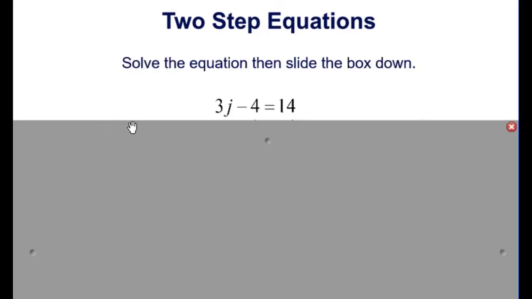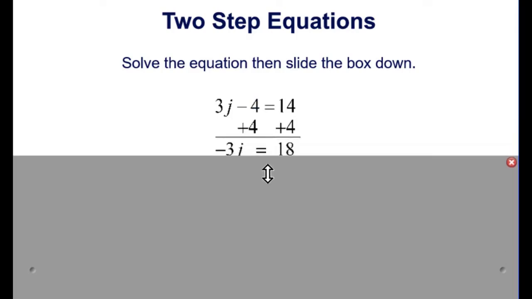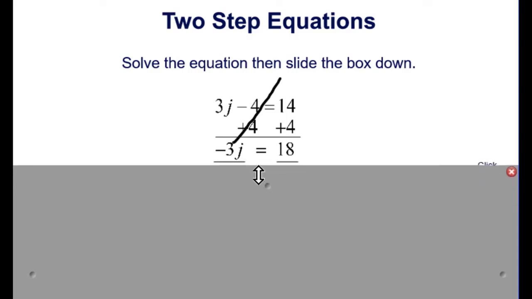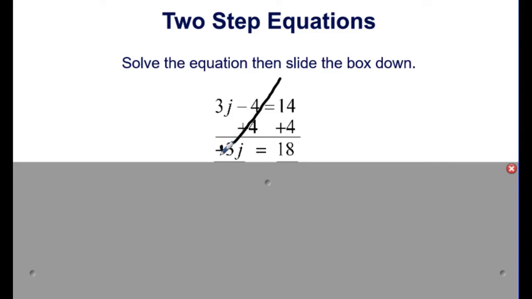The next example, 3j minus 4 equals 14. So here we have subtracting 4, so SADMEG tells us to undo the subtracting 4 first by adding 4 to both sides, which cancels out and leaves us with 3j. Yes, this should be positive 3j, because it was a positive multiplying by positive 3 when we started.